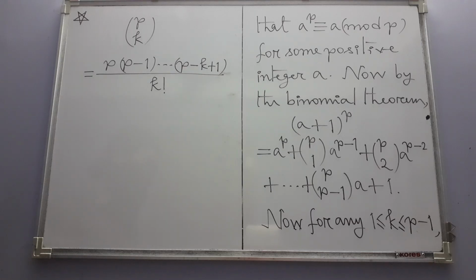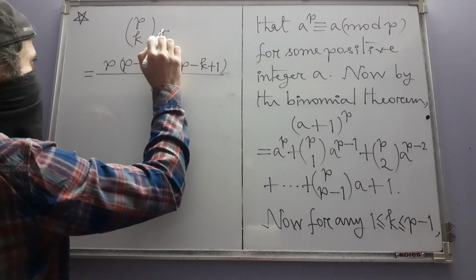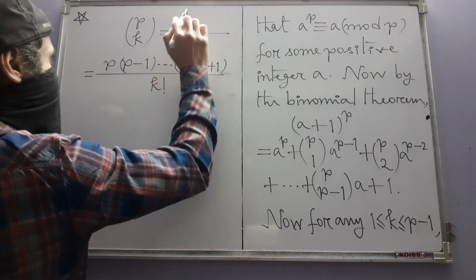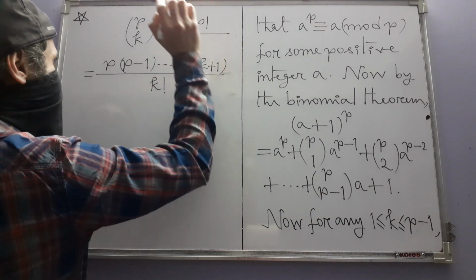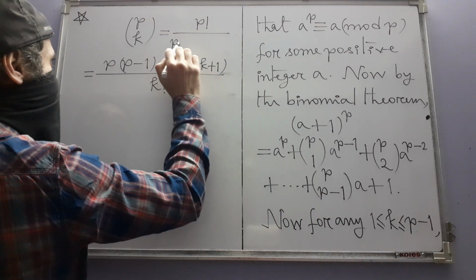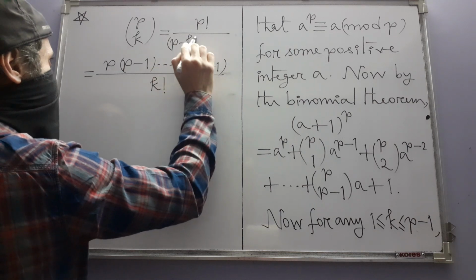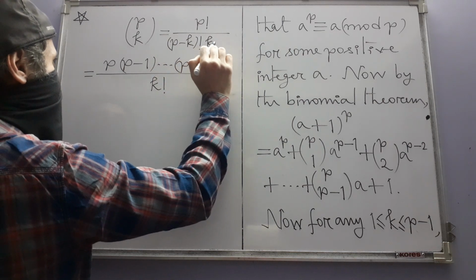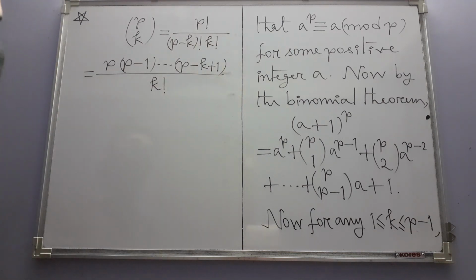Okay, so that's what we get. The definition, however, if you want, you can write the definition also here. It will be p factorial divided by p minus k factorial times k factorial.